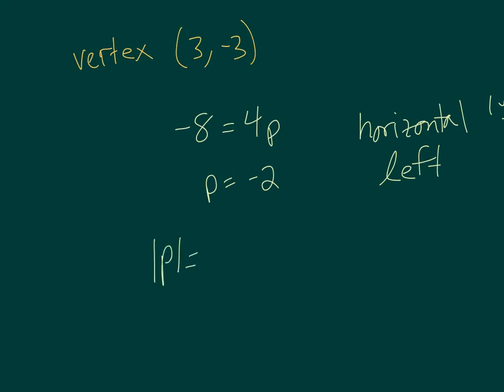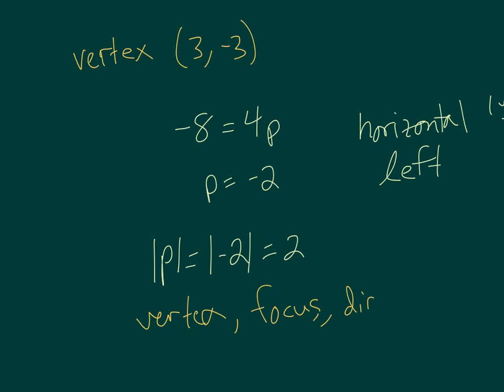The absolute value of p, negative 2, is 2. So your vertex, your focus, and your directrix will have a space of 2 between them.